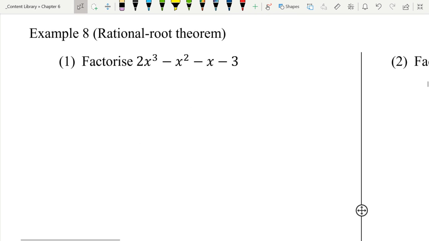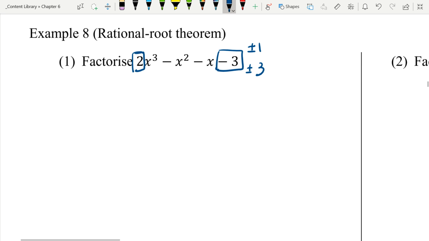First of all, what values are worth us trying if we try integers in this case? We see the value of 3. What's the factors of 3? 1, 3. So plus minus 1, plus minus 3. And also in this case we have coefficient 2 for the first term as well.